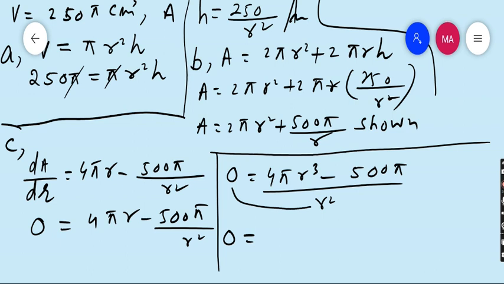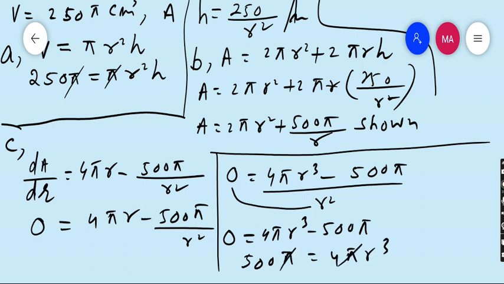And now 4 pi r cube minus 500 pi. So 500 pi is equal to 4 pi r cube. Pi cancels by pi.